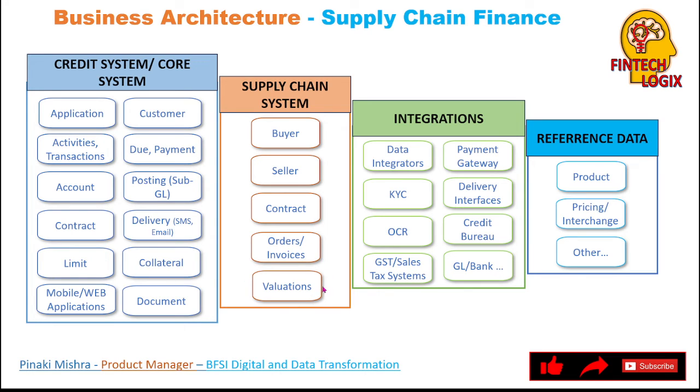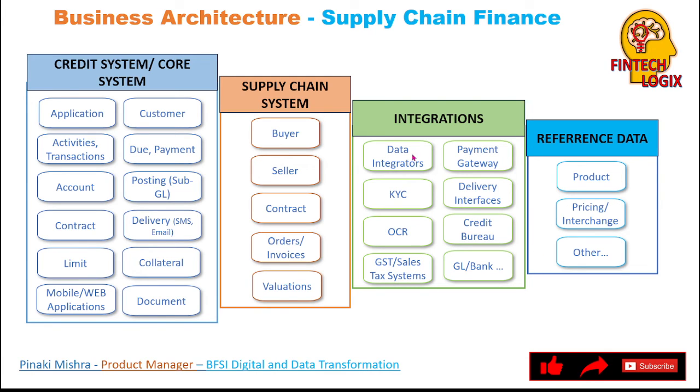In some cases, we would need valuations, because in some cases orders and invoices would need valuations. It might be external or internal valuations, wherein different kinds of valuation steps would be done for these qualifying orders and invoices.